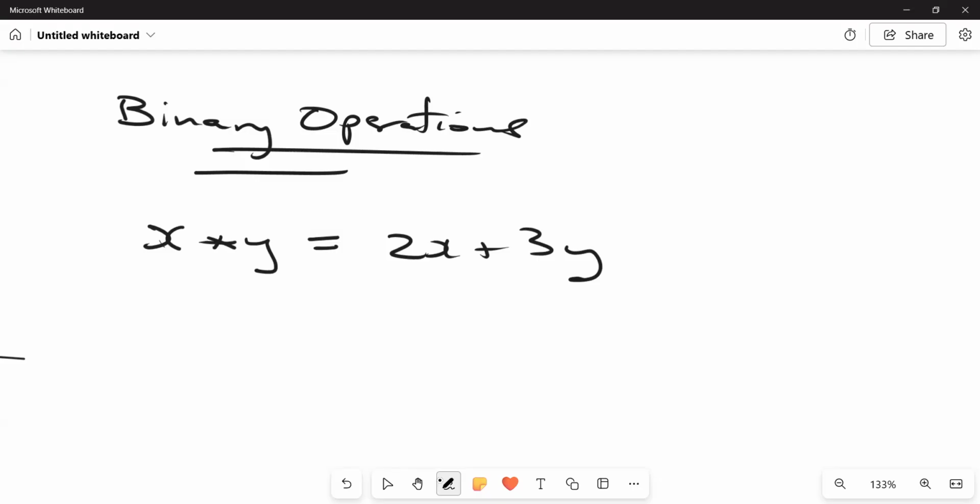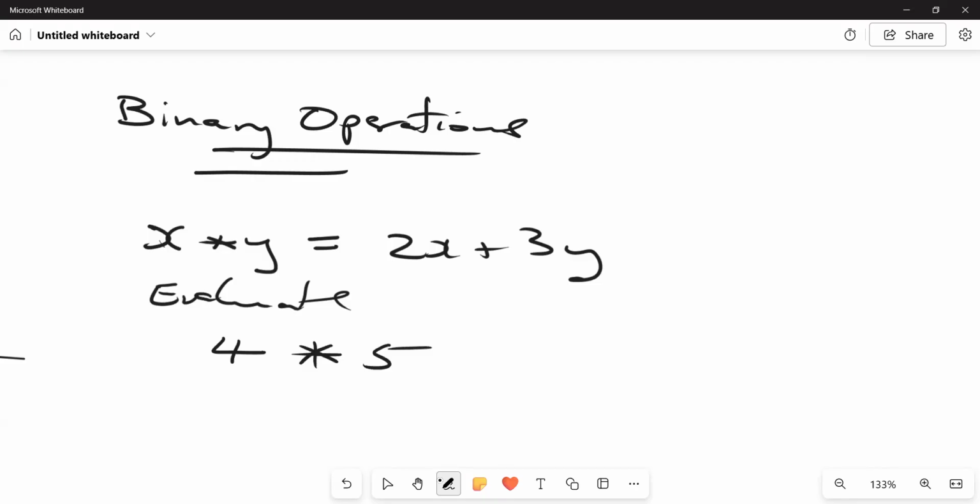So if the binary operation between x and y is defined like this, what will be the value of 4 asterisk 5?